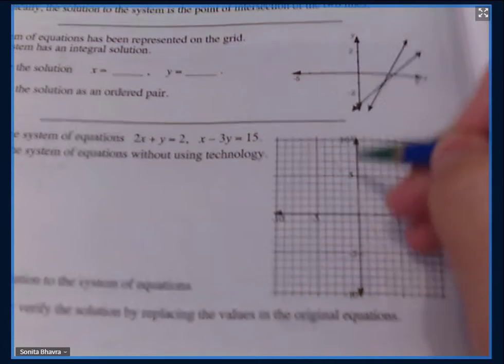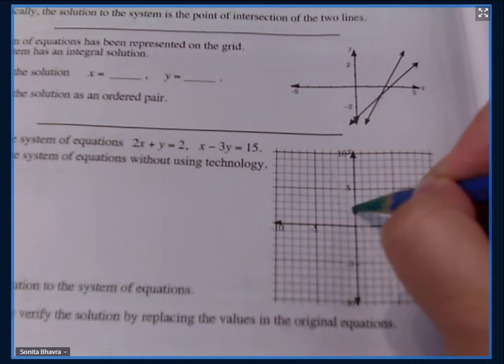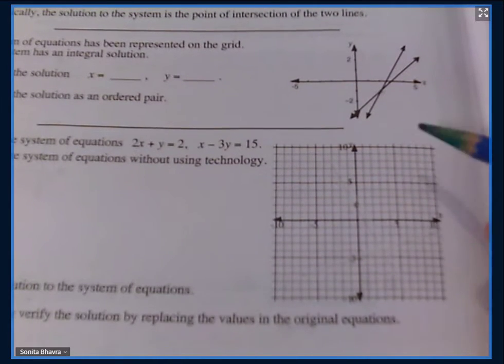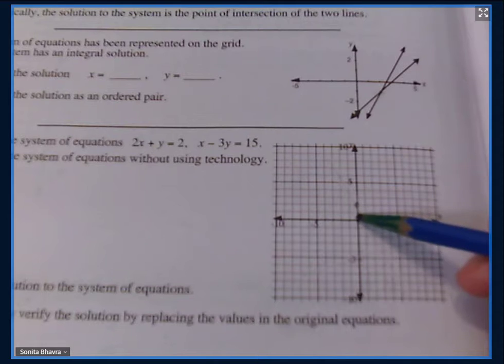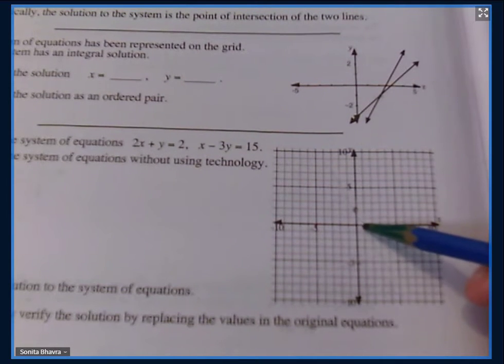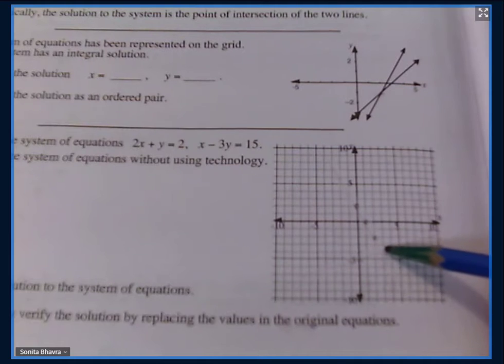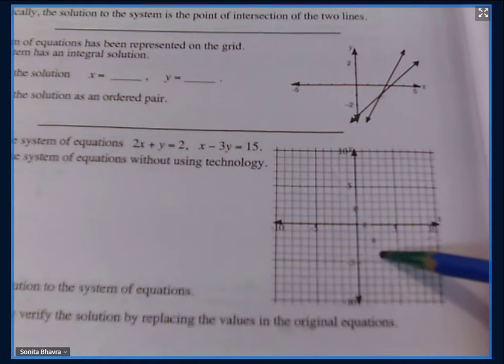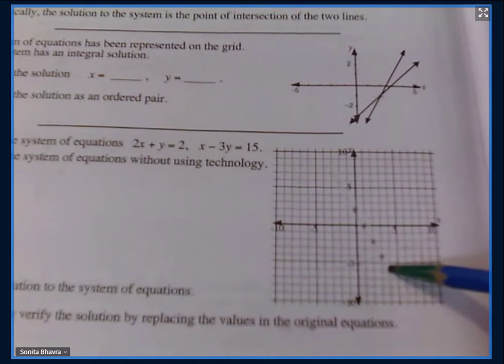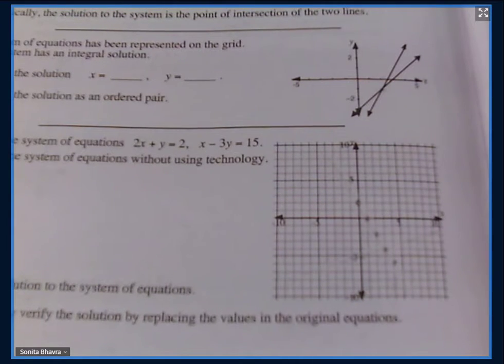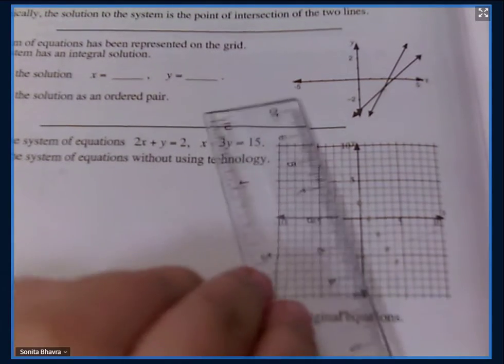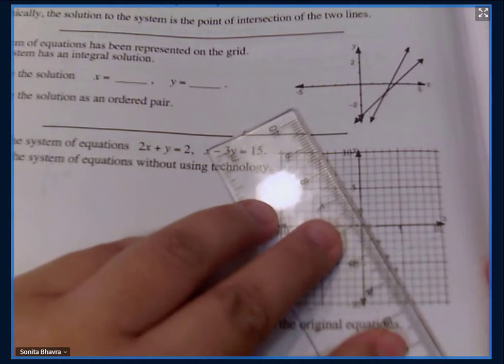So that means our y-intercept was at 2, and our slope was -2. So go down 2 over 1, down 2 over 1, and so on. Okay, so as long as you have 2 points, you can draw your line. I just went a little bit more.